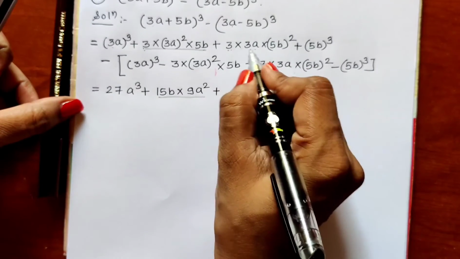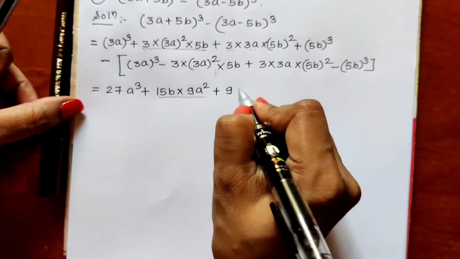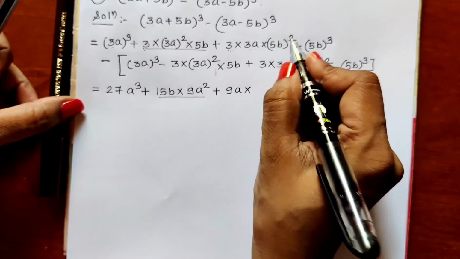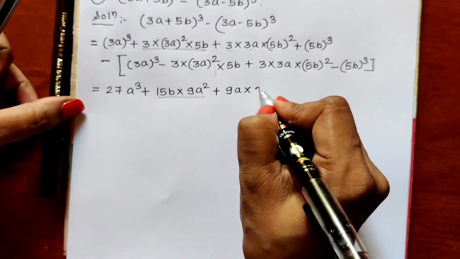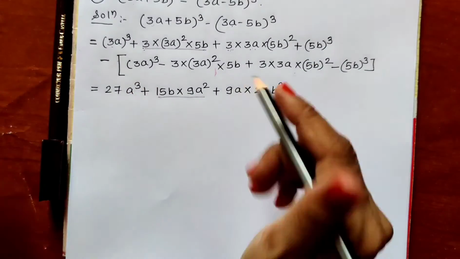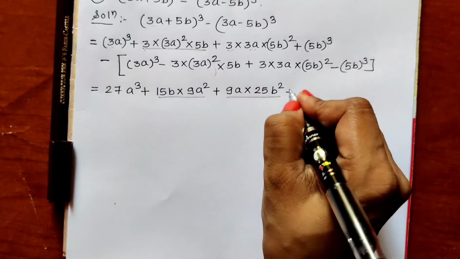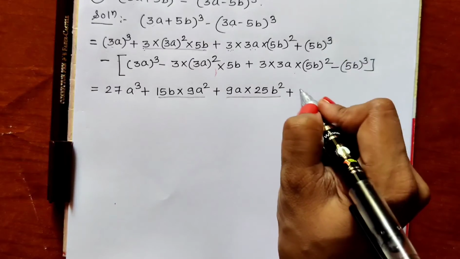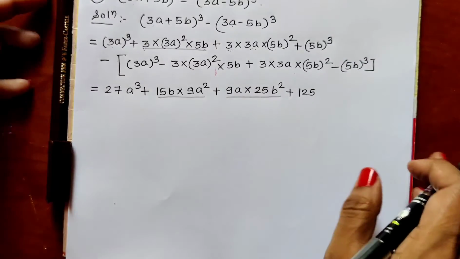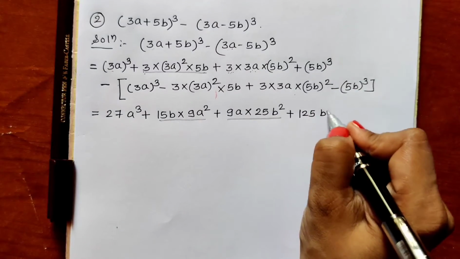We can do this multiplication of simple numbers first. 3 3s are 9a, multiply by (5b) square. Square of 5 is 25, square of b is b square. So again we have to multiply in the next step. Plus (5b) cube. 5 cube is 125, we all know, and cube of b is b cube.